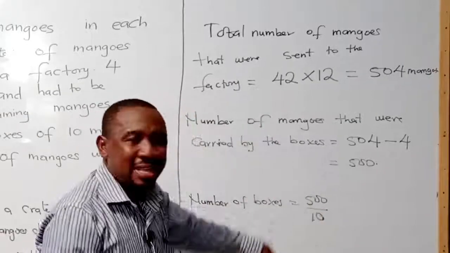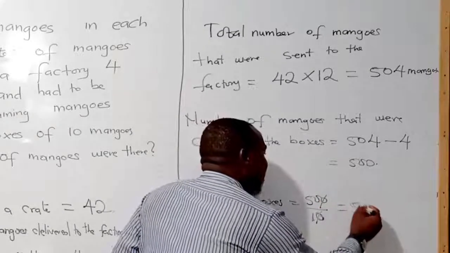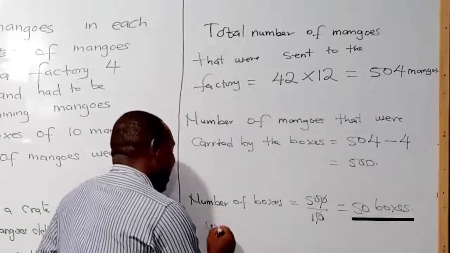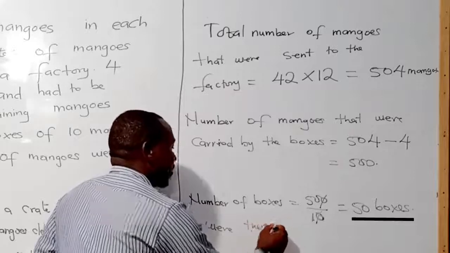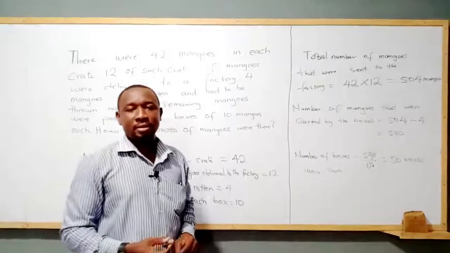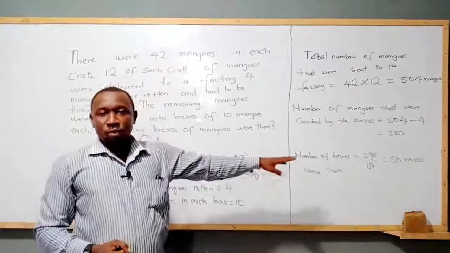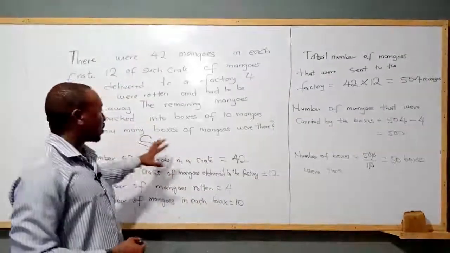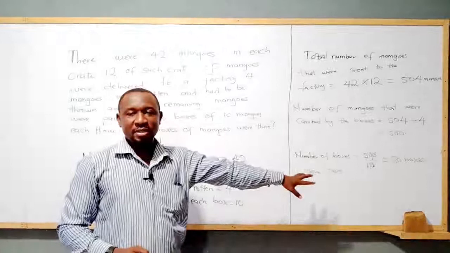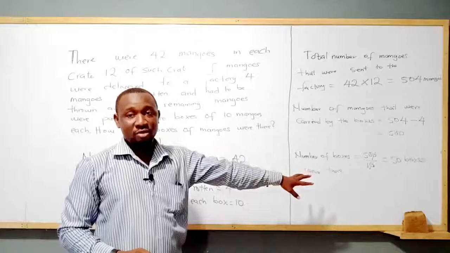That is the number of tens in 500. 0 will cancel 0, and then you'll have 50 boxes. 50 boxes were there. So if the question is asking how many boxes of mangoes were there, then it is simply 50 boxes should be made available to contain the 500 mangoes.